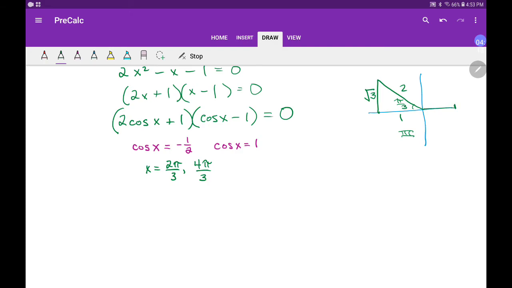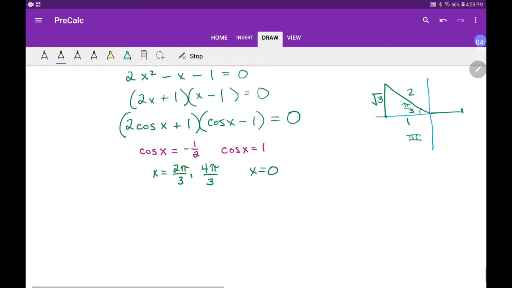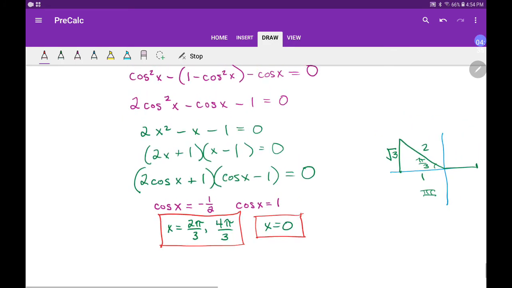If I don't even swing anywhere, that way or this way, if I stay right there, the cosine of x is 1. So the cosine of 0 is 1. So x is equal to 0. So these are my three values, and I should be able to confirm that. Let me box these so I can show. These first two come from there, and the third one comes from the second part.